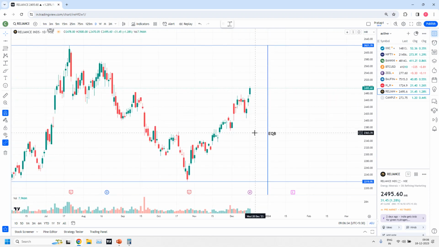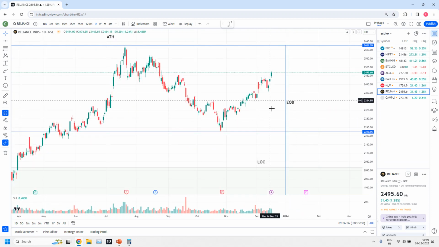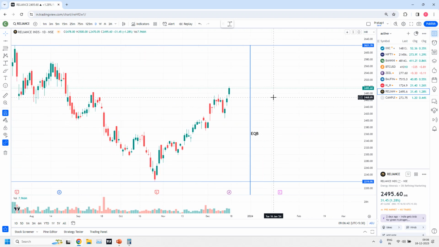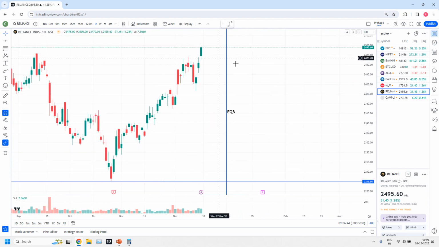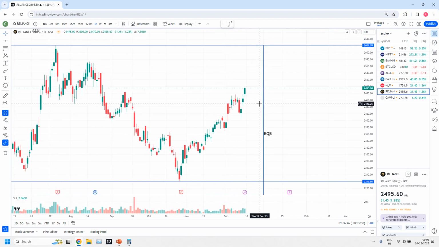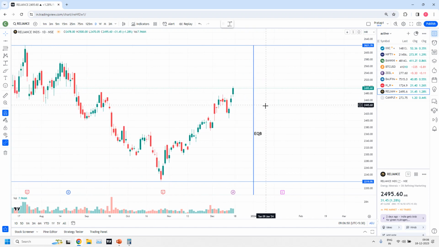Okay, this is the equilibrium area. It supports both buying and selling decisions, but the trend is an uptrend. That's why you should look for a demand zone. Next time when prices enter that zone, there are definitely higher chances of success. Because there are higher chances of success, we always look for a demand zone.